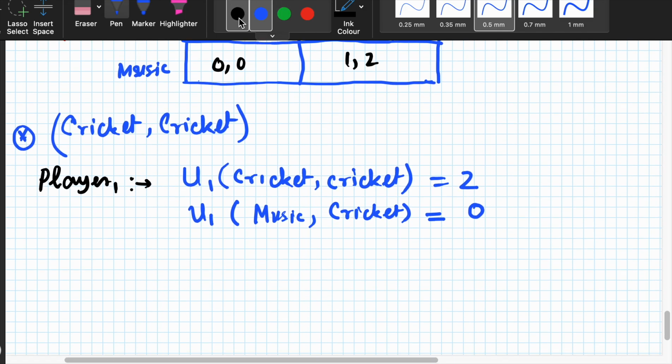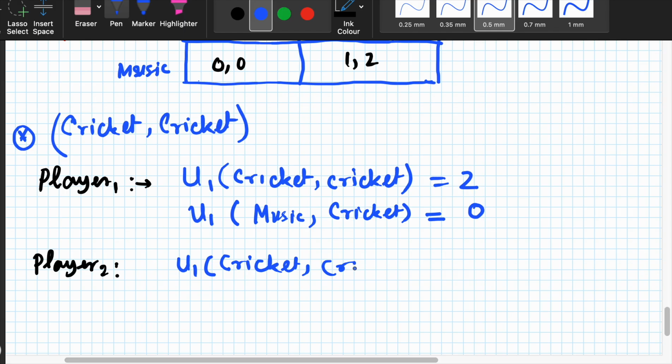Another situation is the player 2's perspective. Cricket will give her 1.